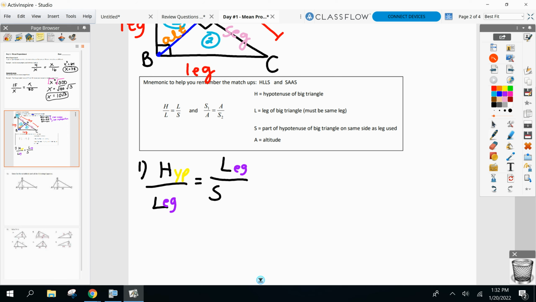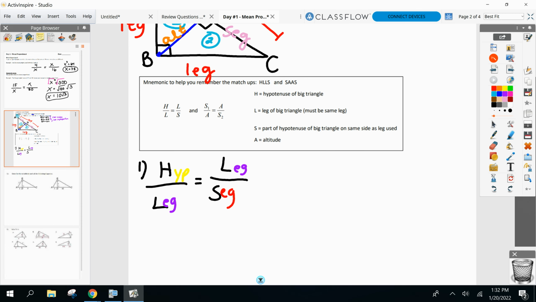And the S for segment. What's the first question that comes to your mind? Paul? Yeah, which segment? There's two of them. You put in the segment, ready? You put in the segment that's next to the leg we're using.